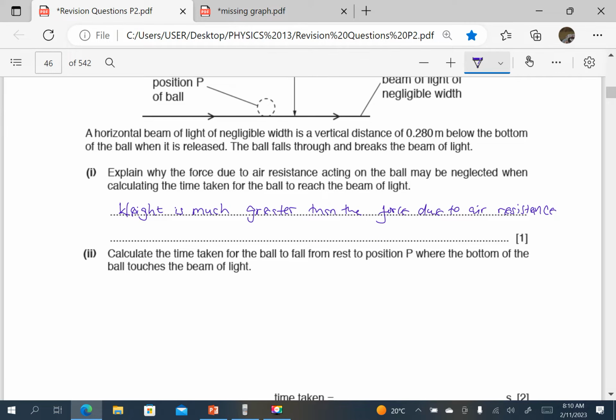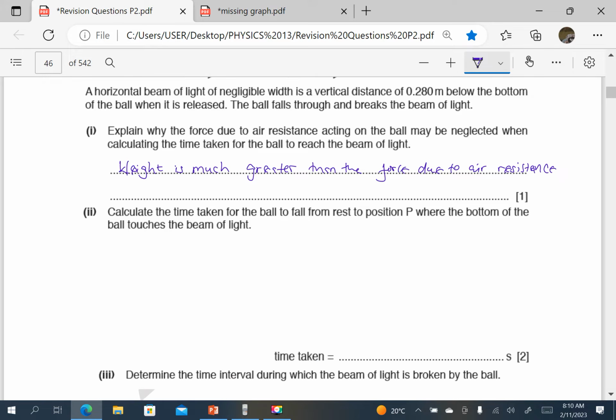Then calculate the time taken for the ball to fall from rest to point P. I think that is simple equations of motion. Simply using equations of motion, s is equal to ut plus a half at squared. Since the force due to air resistance is negligible, the acceleration is constant.